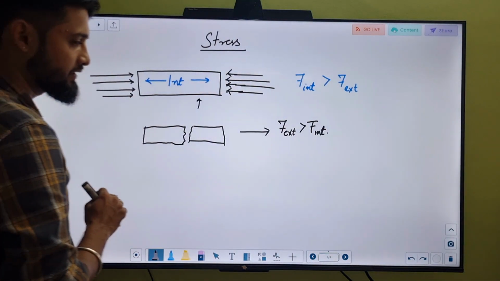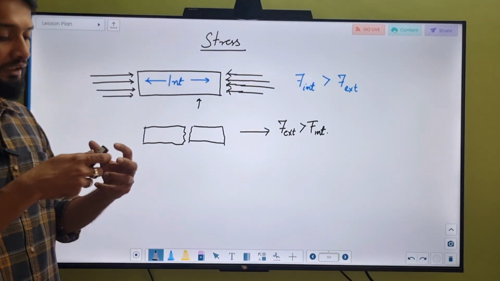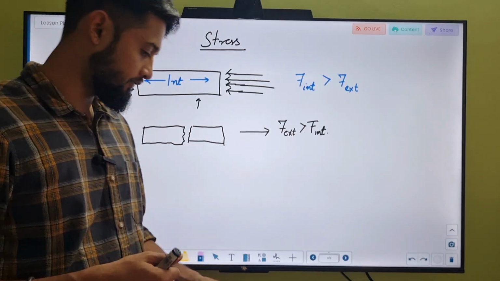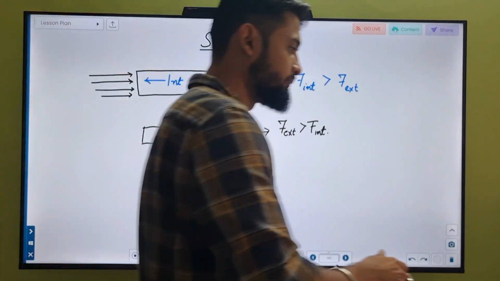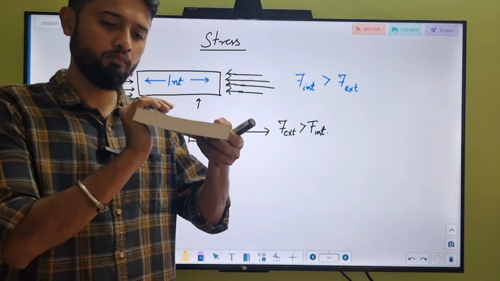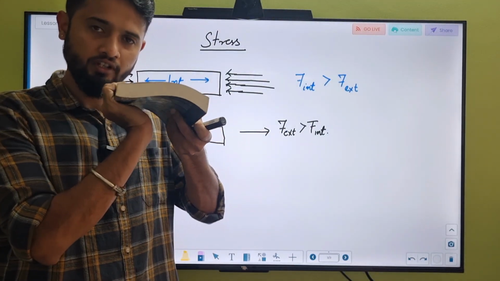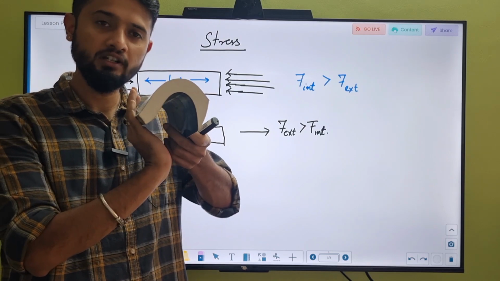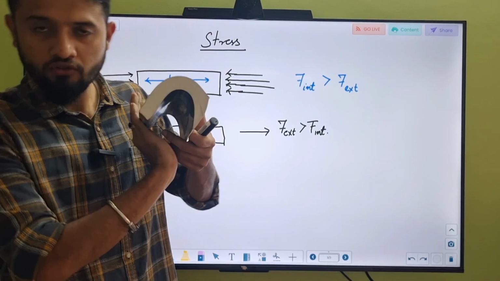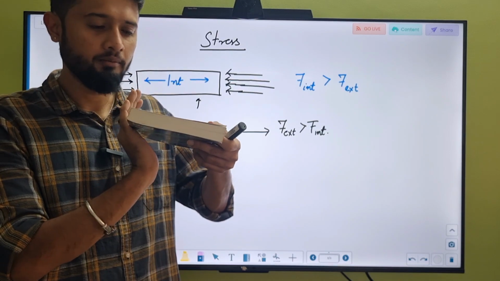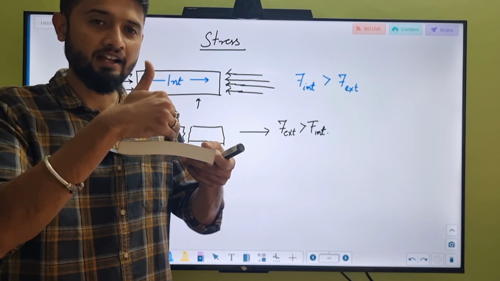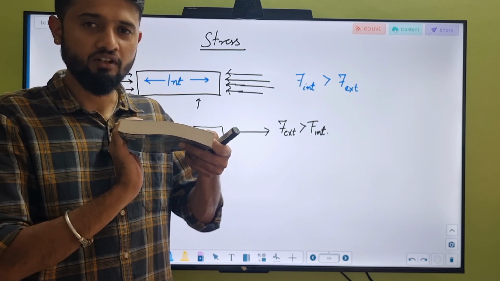Okay, so a body always tends to regain its shape whenever you fold it. If I take any book, for example, and put pressure on it, it tends to change its shape, it tends to fold. When I release, it becomes straight. That is because the internal force is acting against the external force.